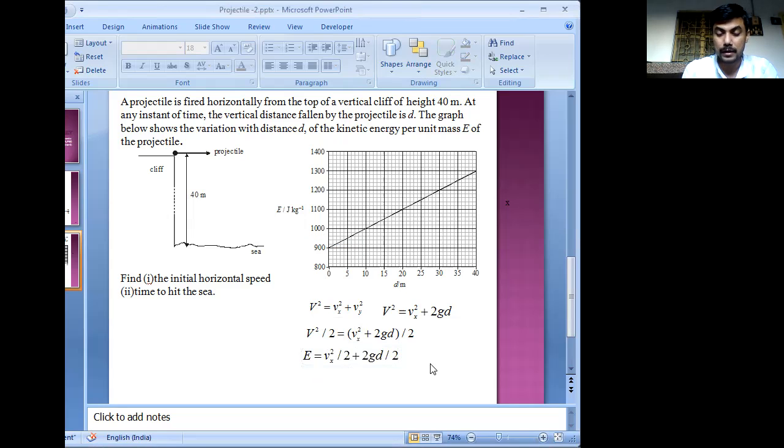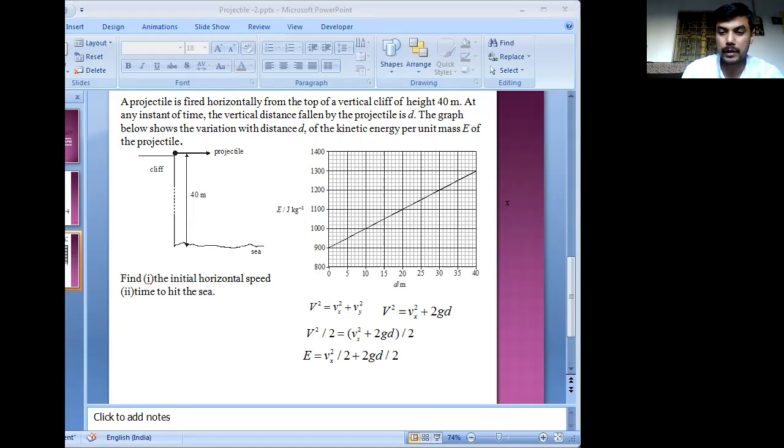Look into this. The vertical displacement is the x-axis variable. Along with it, you have 2g by 2, or rather it is g, and the intercept is given as Vx square by 2. Obviously that intercept is given as 900, which means our Vx square by 2 is 900. So our Vx square should be 1800.